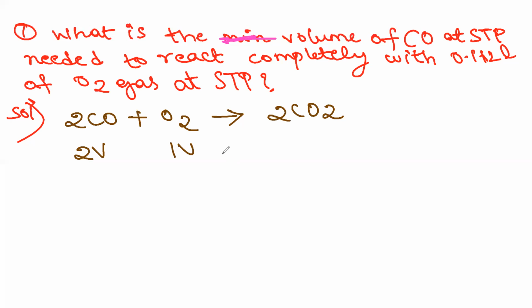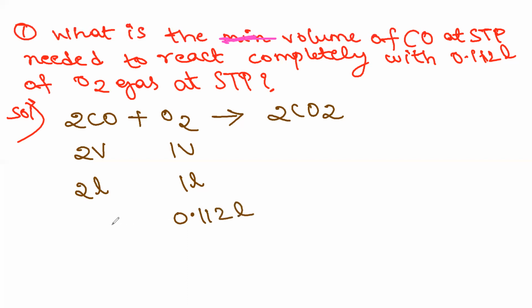To react with 1 liter of oxygen we require 2 liters of carbon monoxide to produce carbon dioxide gas.